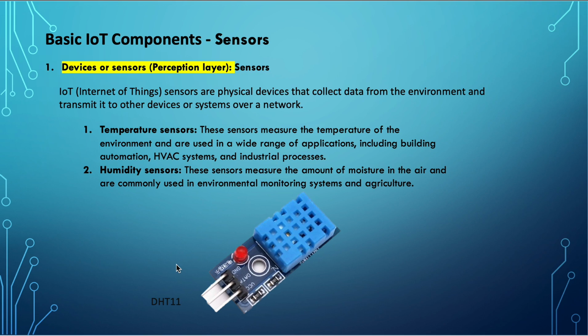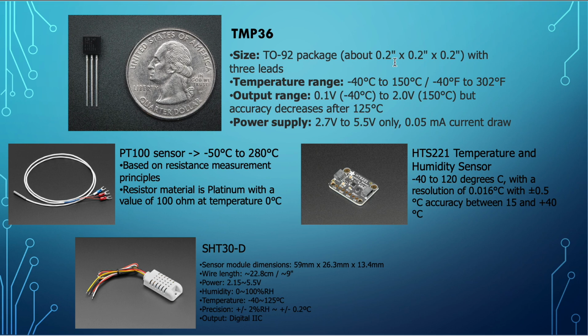Depending on the application, we have to change the sensor itself. The examples given for different sensors had different ranges, like minus 40 to 150, minus 50 to 280 degrees.